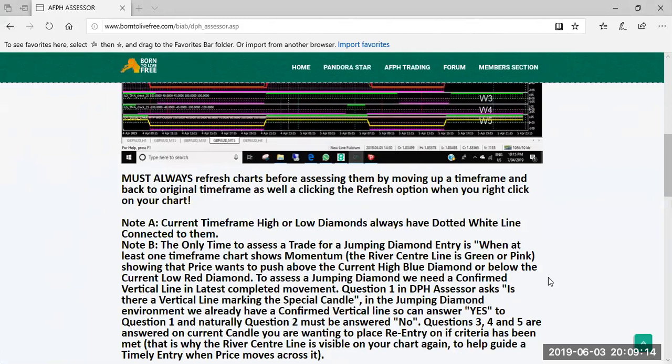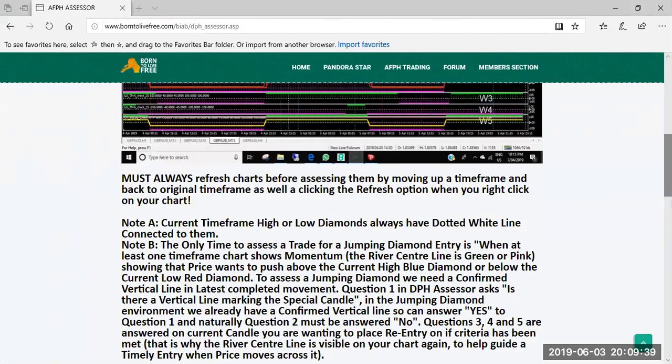That means it's met minimum targets and has its current high blue diamond or current low red diamond. Generally you'll see a solid blue or pink line in the higher time frame or in other time frames, sometimes in all 3 other time frames.